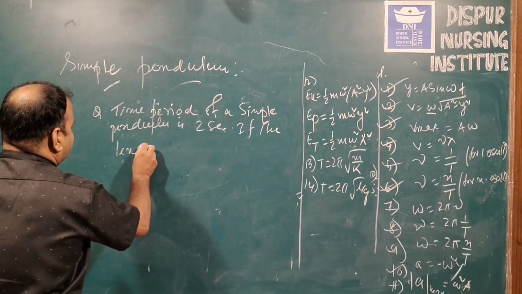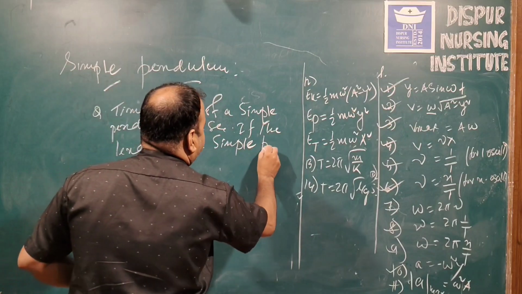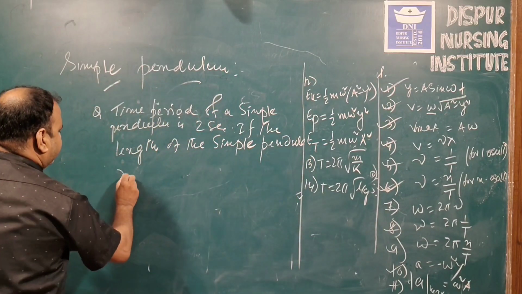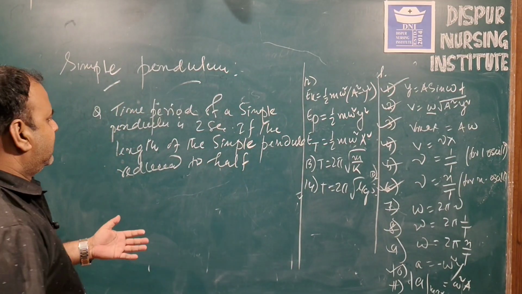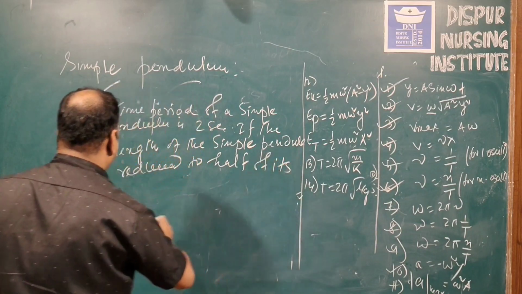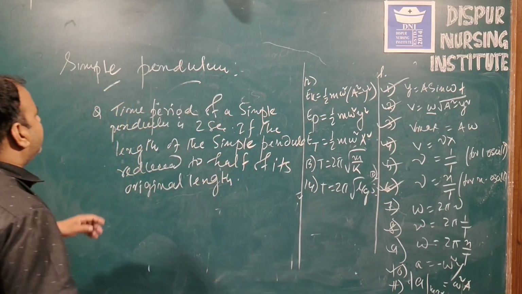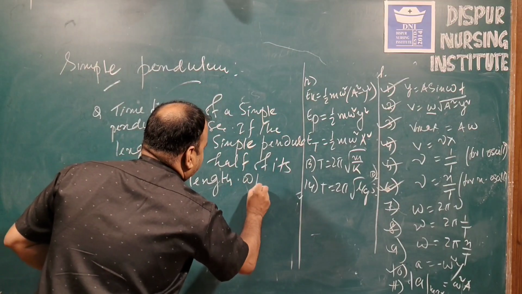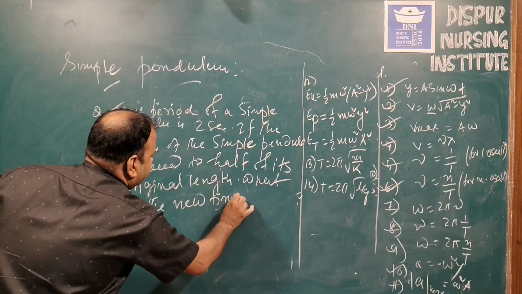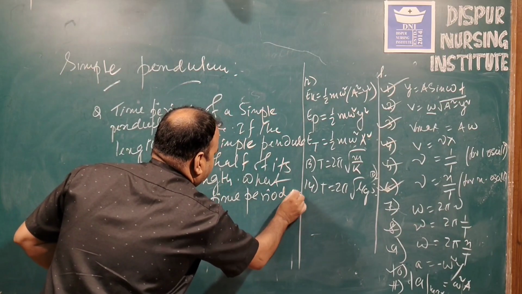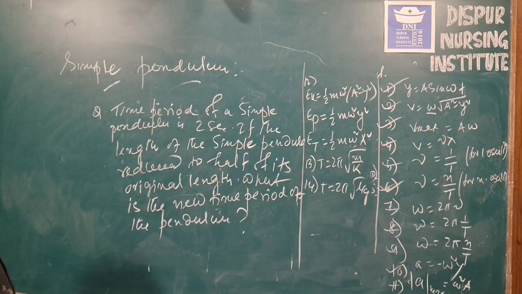If the length of the simple pendulum is reduced to half of its original length, in this case, what is the new time period of the pendulum?